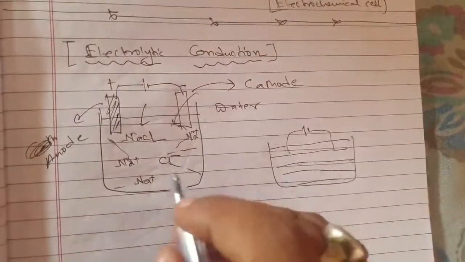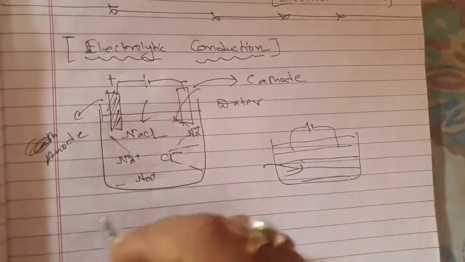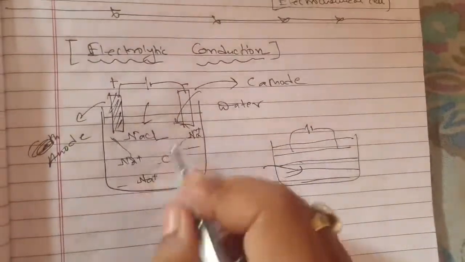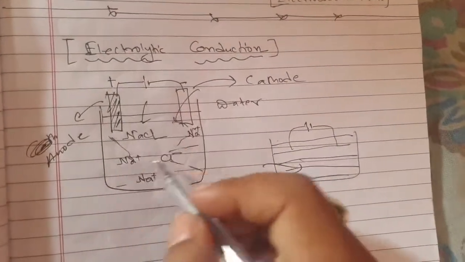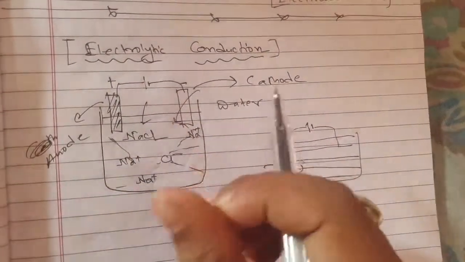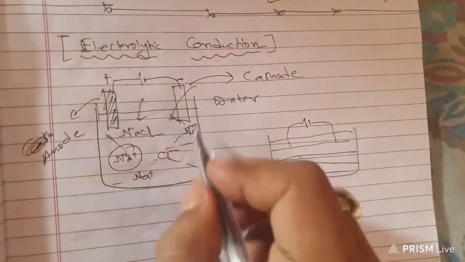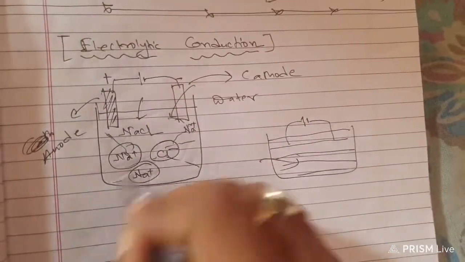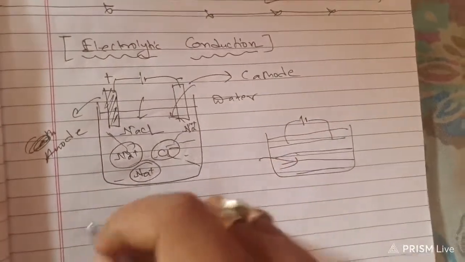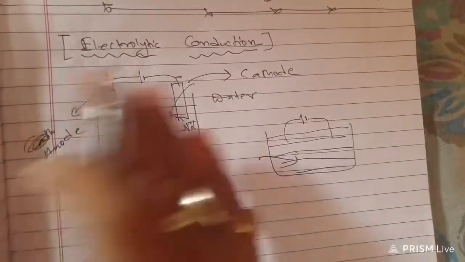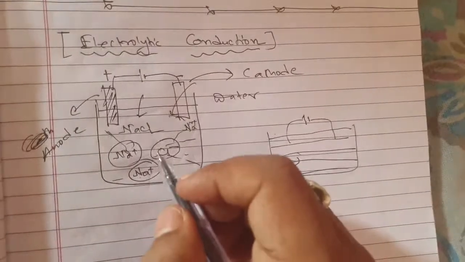However, if you put an electrolyte inside, you will find lots of ions. When the battery was not there, they were moving randomly here and there. But when electric current is passing, this circuit actually becomes complete because of the presence of electrolytes.